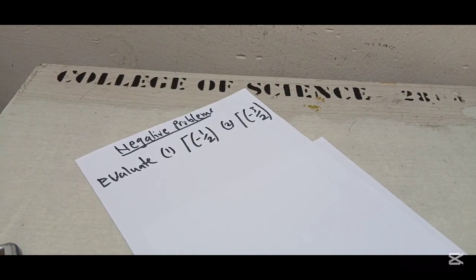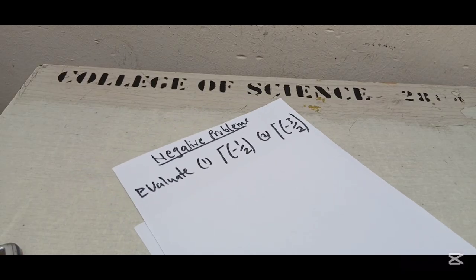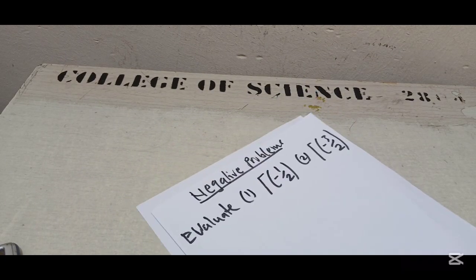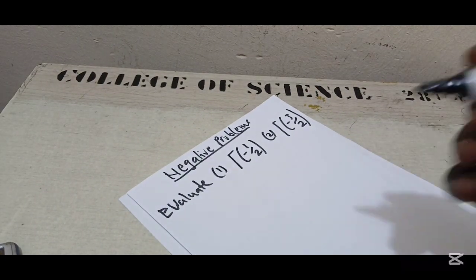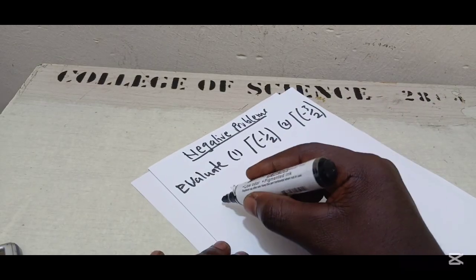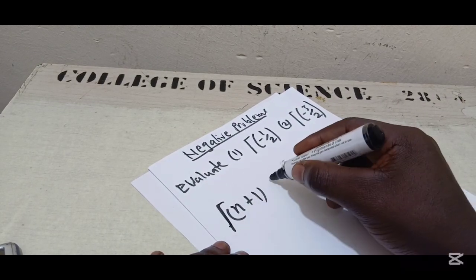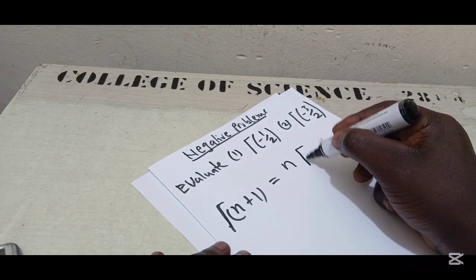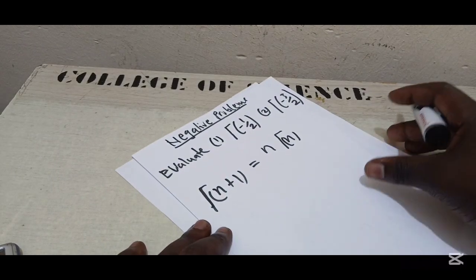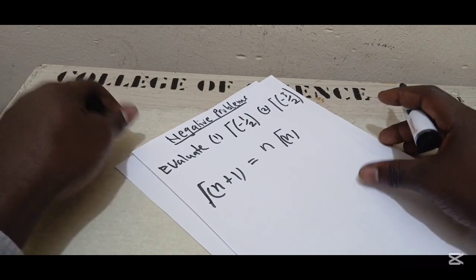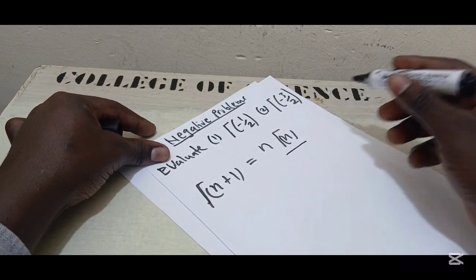Now let's look at gamma of negative numbers. With this one too, this is a fraction problem. And like I told you earlier, when it comes to fractions, we have to use this formula, right? Gamma n plus 1 equal n gamma n. But in this case, for negative fractions, we have to make gamma n the subject.